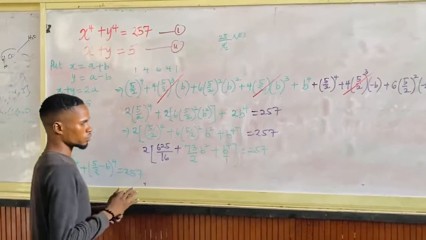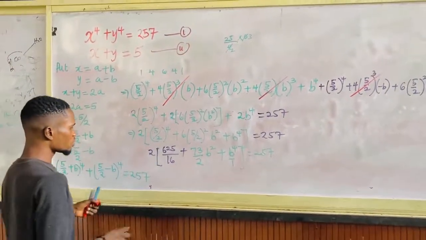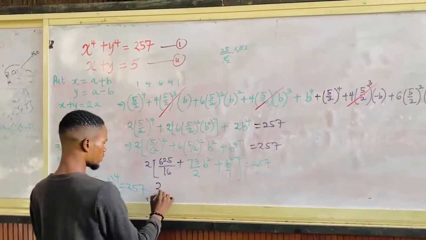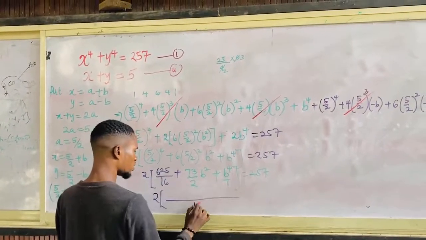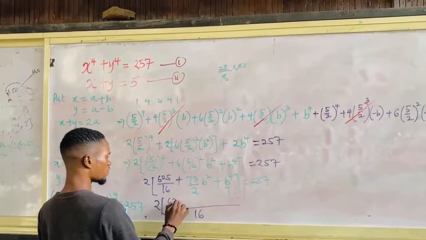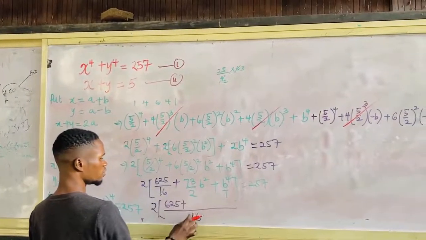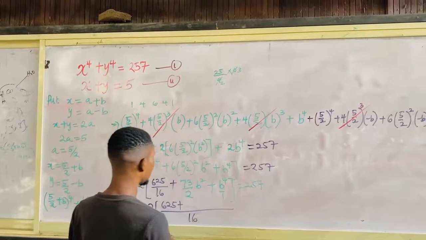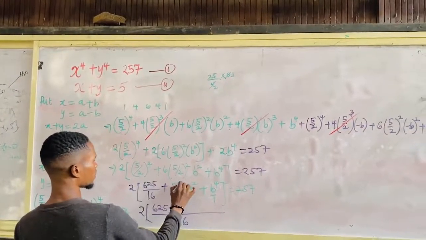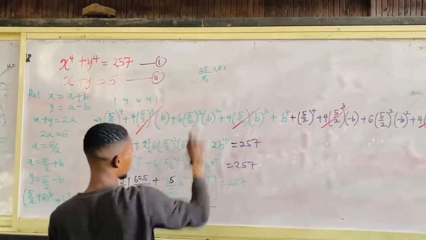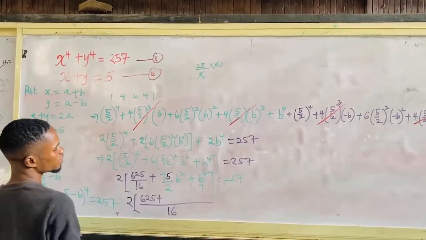Okay. So that's 2 into brackets. What is the LCM here? The LCM is 16. Now 625 plus 2 in 16 is 8. This is 75, not 73. 25 times 6 is 75. So 2 in 16 is 8.